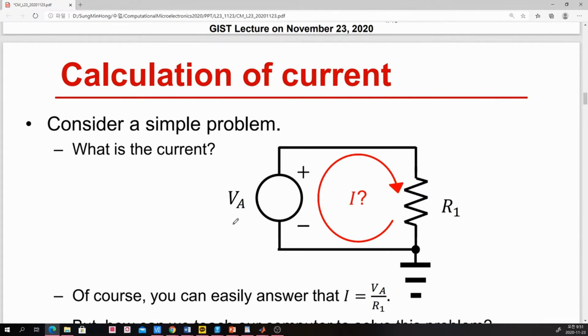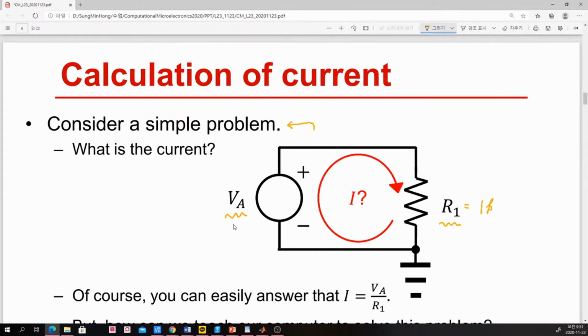So today's goal is an extremely simple problem. You have a resistor and you have a voltage source. For example, you have 1 kilo ohm and you have 3 volt, and your goal is to solve this system.